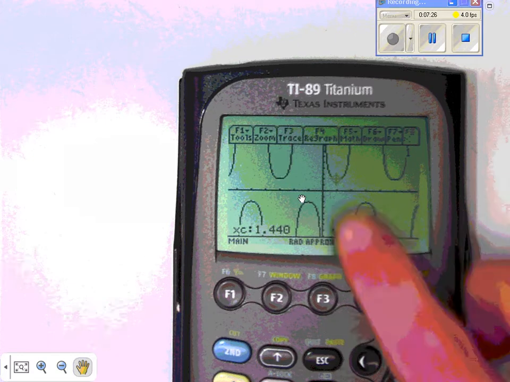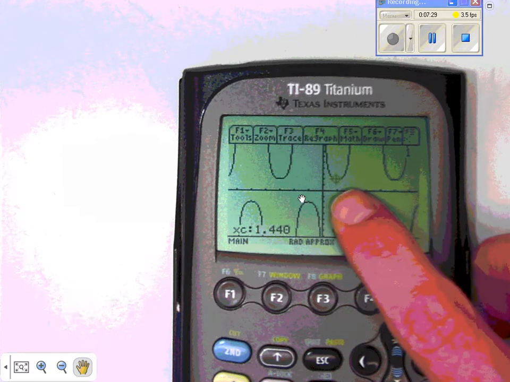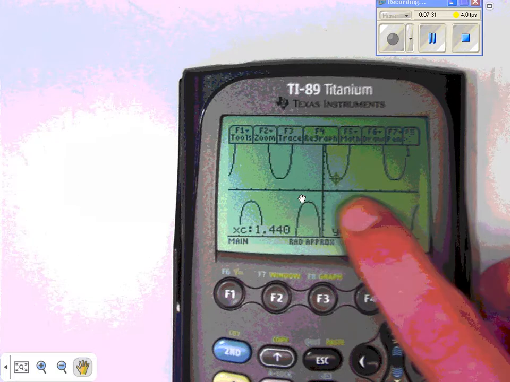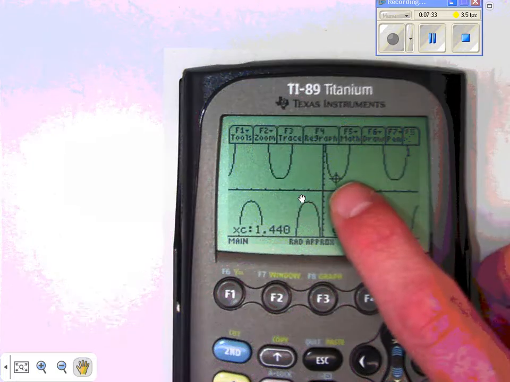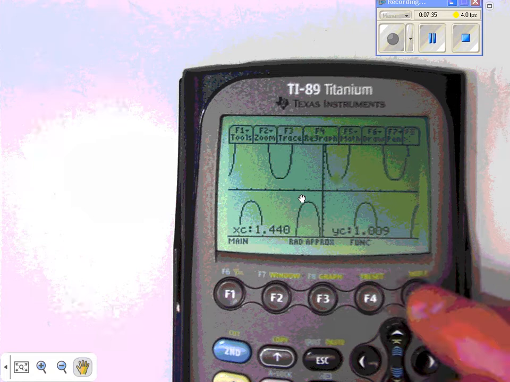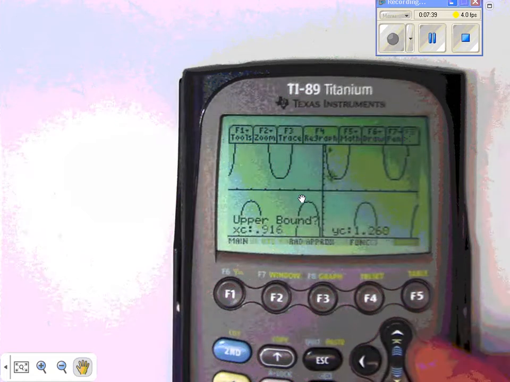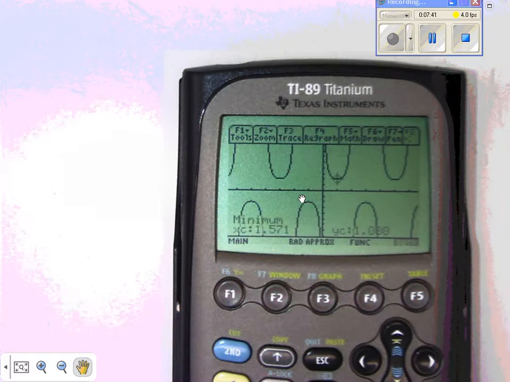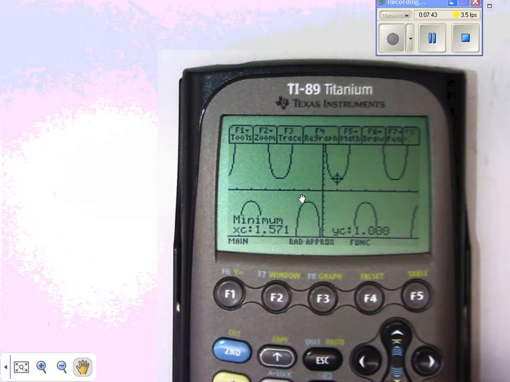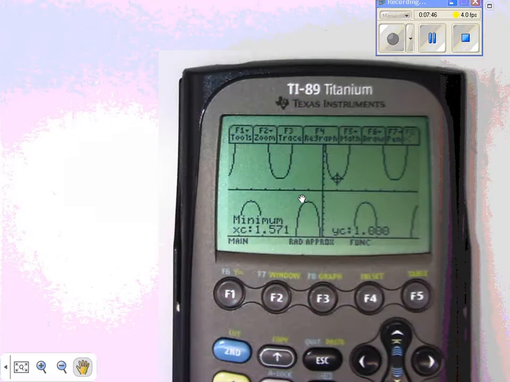Now, you notice that this point approximately is a minimum, right? That minimum right there. And if you wanted, you could find the minimum. You go minimum, give me the relative minimum, go to the left of it, go to the right of it. Oh yeah, it really is that pi halves comma 1 that we had already found, right? That's the minimum point.